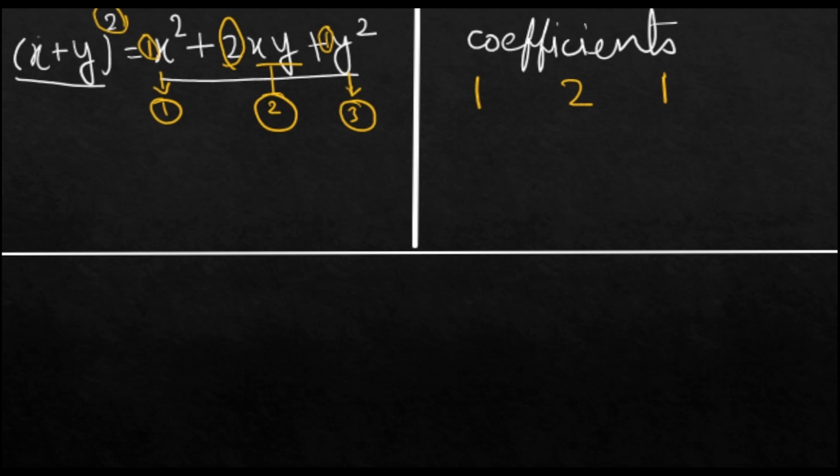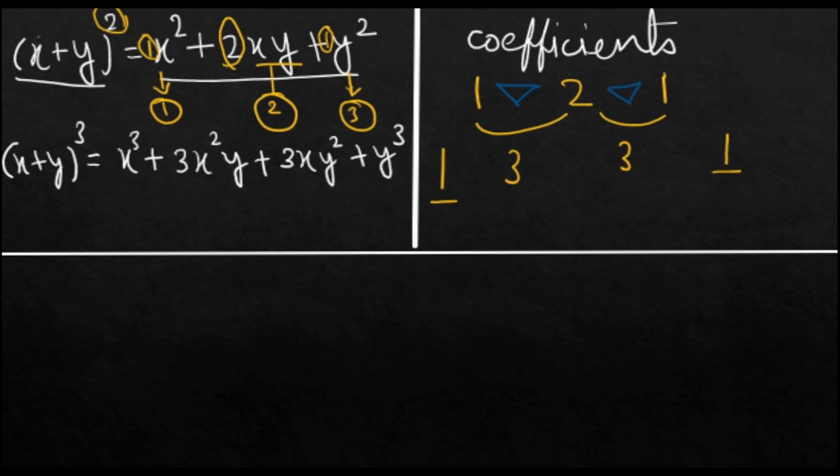If I add these two numbers, 2 plus 1, 3, and 2 plus 1, 3, and start and end the coefficients with 1, now you get the coefficients for the next index. Here it is.